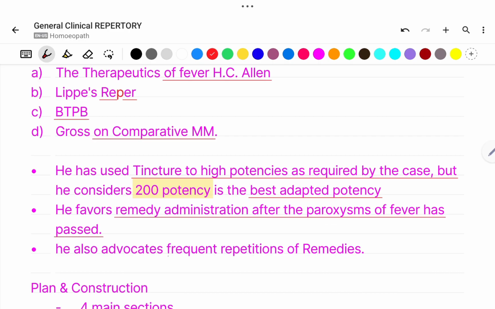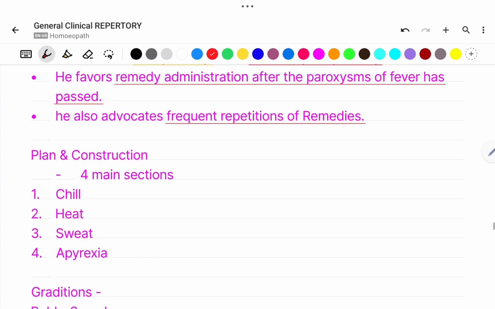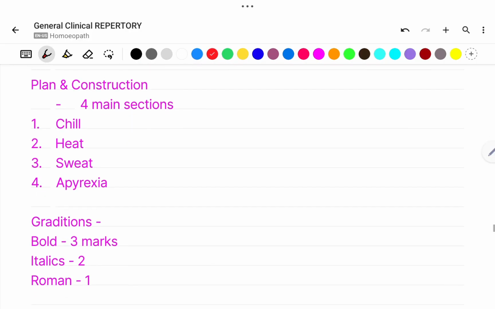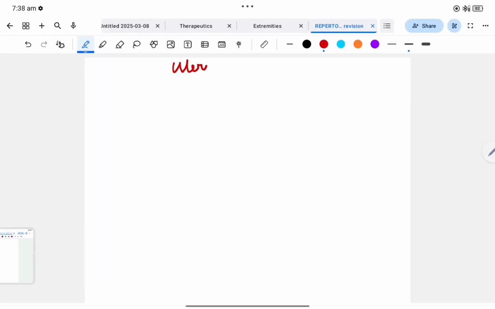He also advocates frequent repetitions of the remedies. Now plan and construction of this repertory. It has four main sections. First is chill, heat, sweat and apyrexia. Gradations used are bold, italics and Roman.